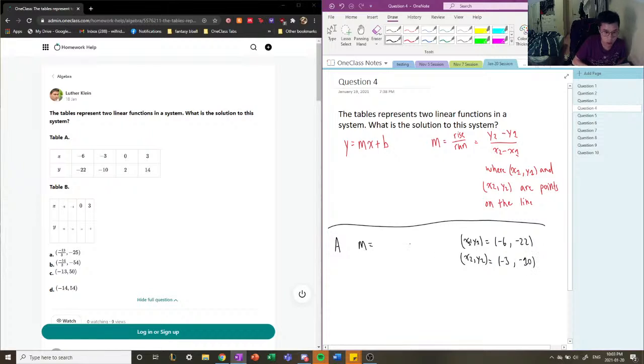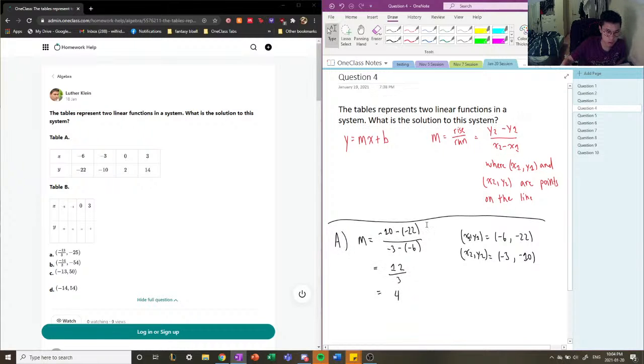Plugging it into our equation, we have -10 minus -22, over -3 minus -6. What does that give us? We have 12 divided by 3, which is 4. So the slope of our first line, A, is going to be 4.